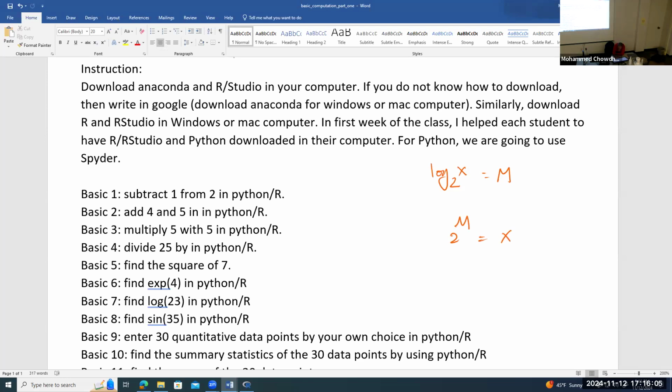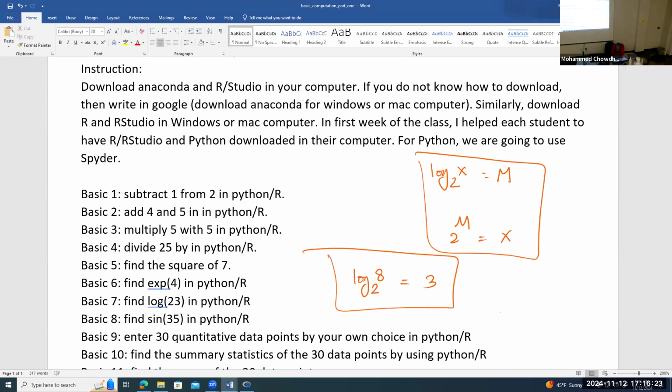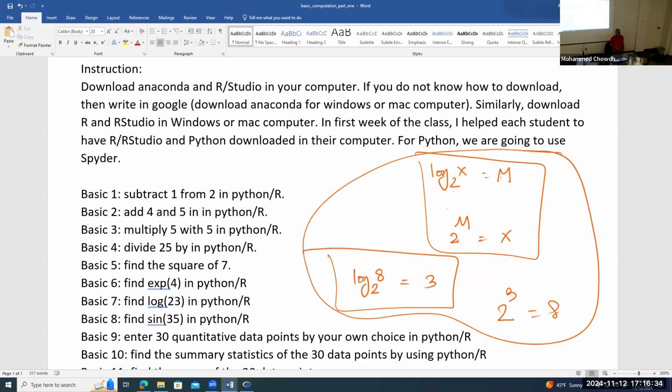What does this mean? The log base 2 of 8 equals 3. And if you write it in this definition, 2 to the power 3 equals 8. Understand? This is the definition of the log.